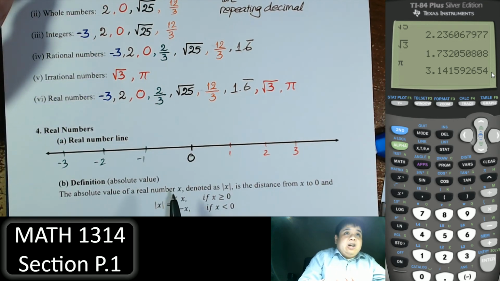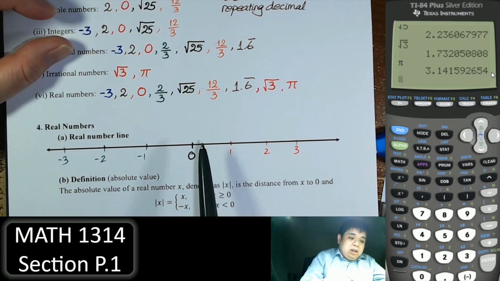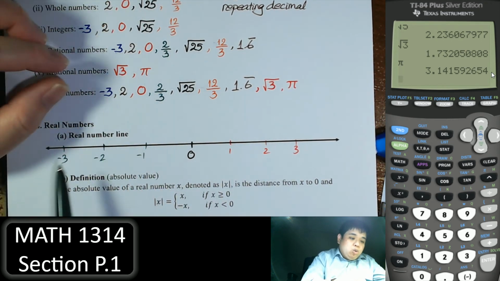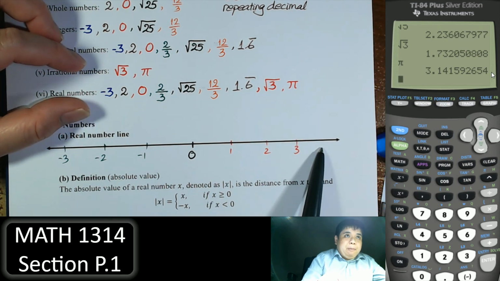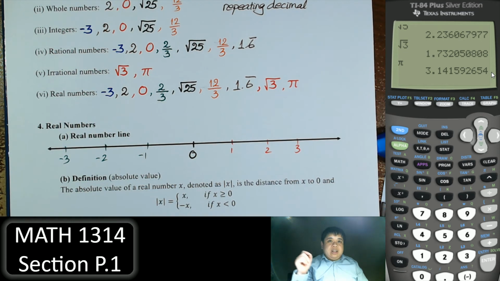Decimal numbers will be in between, and all the real numbers fill the line completely. So every point on the number line can be represented as a real number.